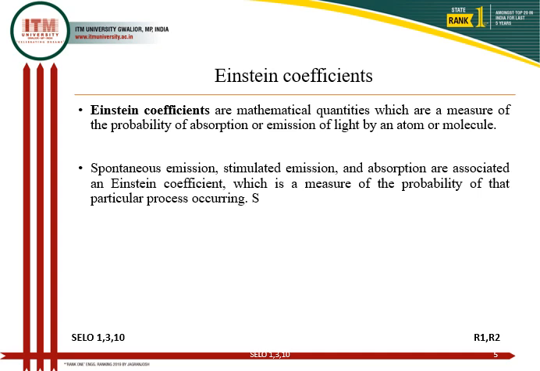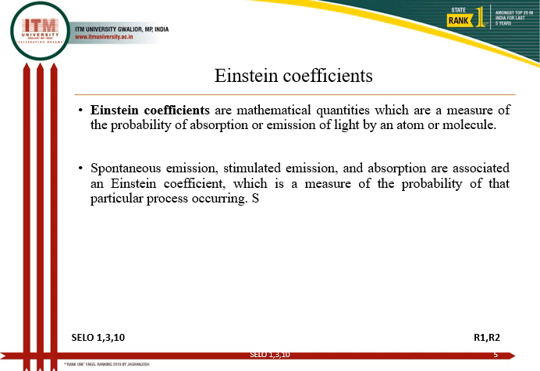For each phenomenon, Einstein has given coefficients: A21 for spontaneous emission, B12 for absorption, and B21 for stimulated emission.